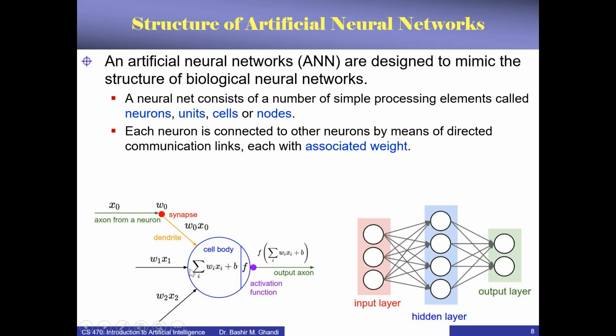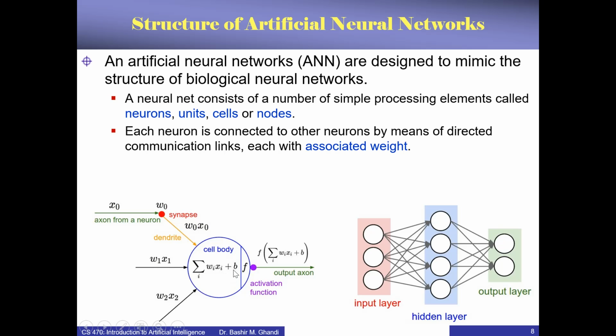Now, once each of these products of input and weights is received in the main cell, they are added together. Just like we said, the signals coming from other biological neurons to the current neuron are combined together. So similarly here, these products are added together.